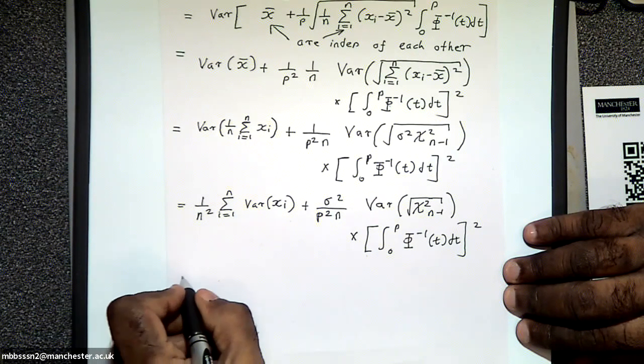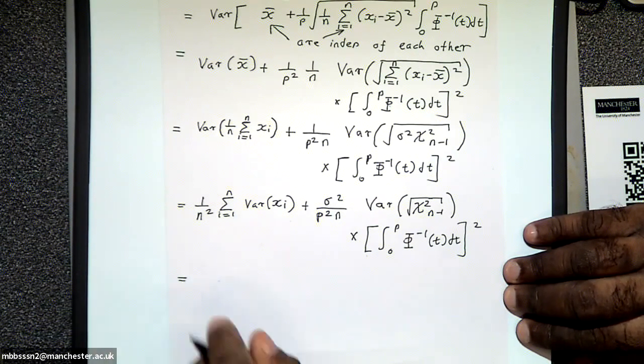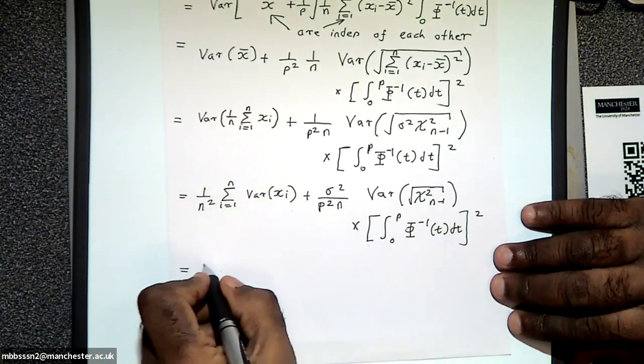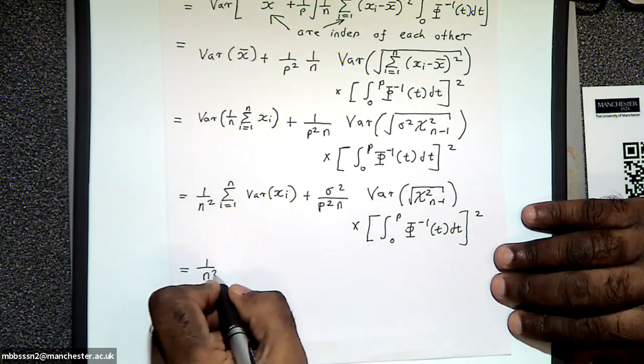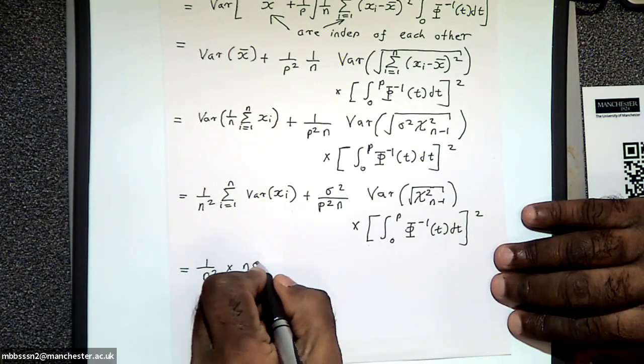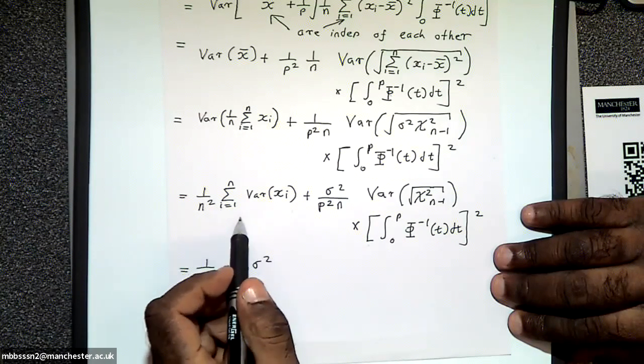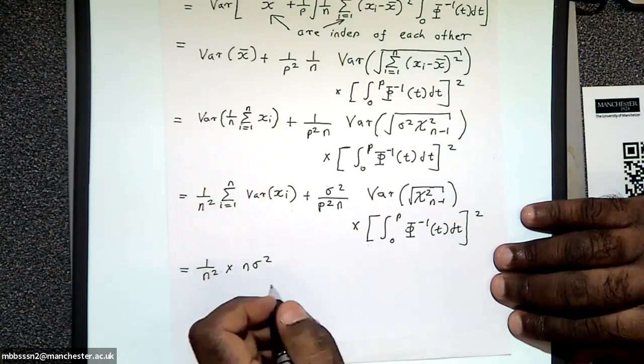So it's going to be 1 over n squared times n sigma squared, because you're summing a constant from 1 to n, so it becomes n sigma squared.